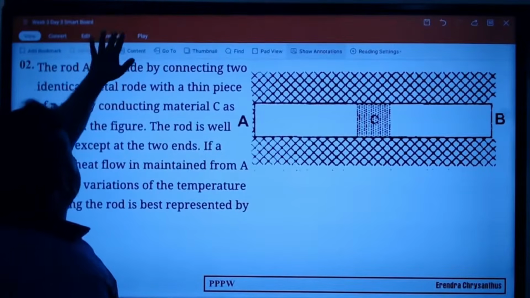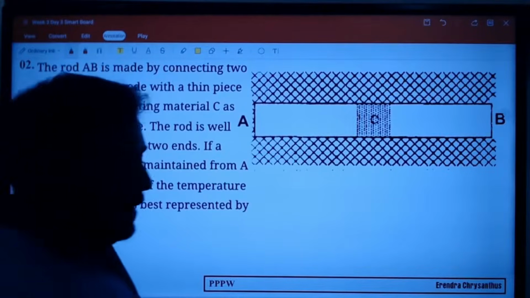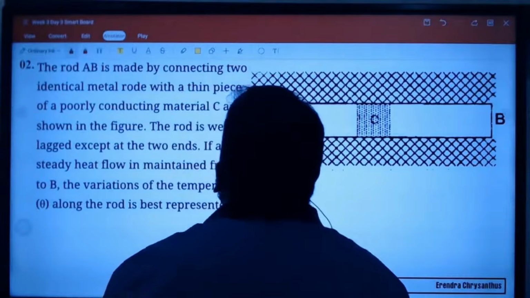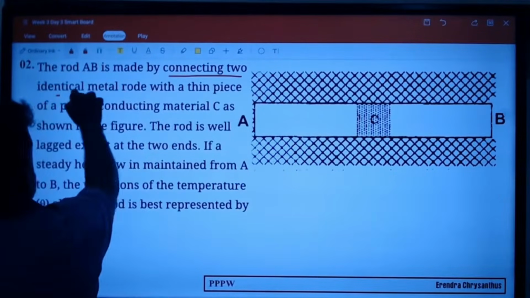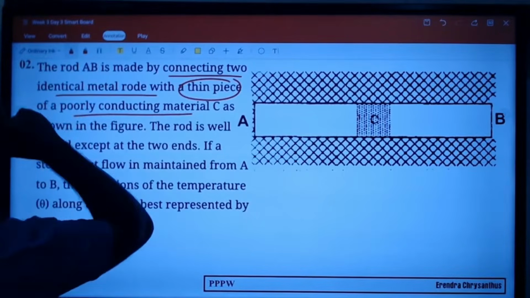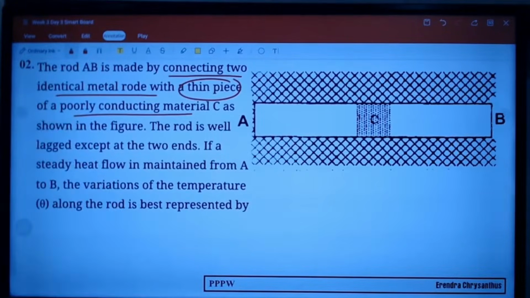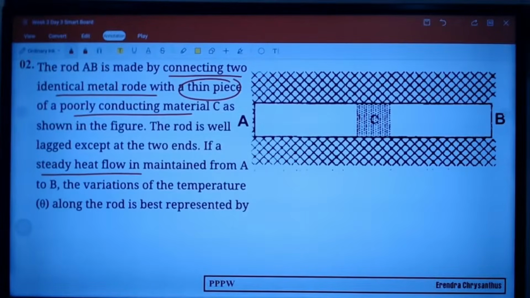Look at this. A rod AB is made by connecting two identical metal rods with a thin piece of poor conducting material. The rod is well lagged except at the two ends. If a steady flow of heat is maintained from A to B, what is the variation of the temperature?